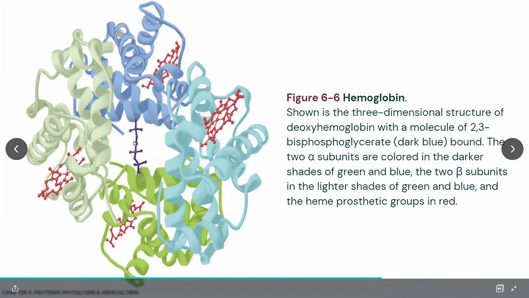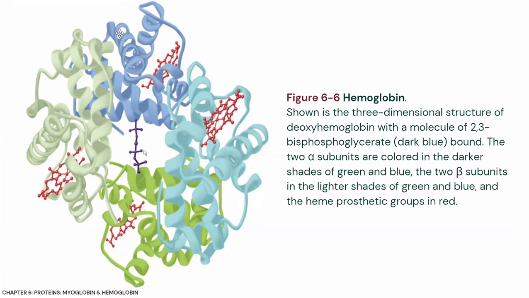which once it is bound to the globin, it stabilizes the whole structure, the presence of this 2,3-BPG. Now this is very, very interesting because it is only the red blood cell that produces 2,3-BPG.